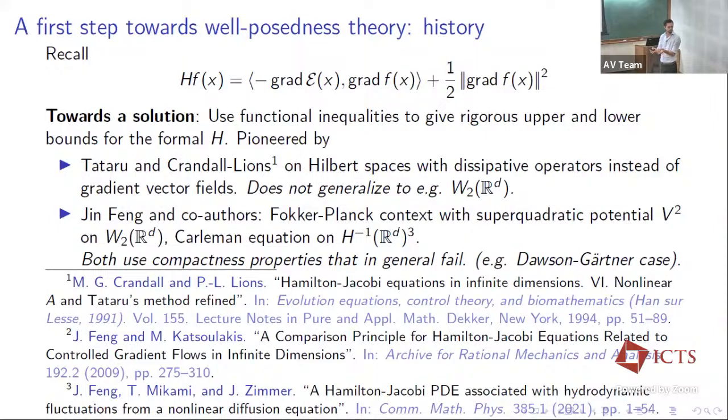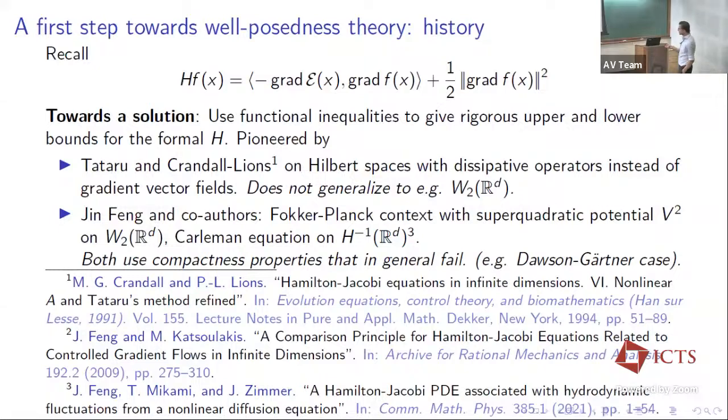If you have ever worked a bit with Wasserstein spaces, having a potential with superquadratic growth gives you a lot of compactness properties for free. And so if you just have Brownian particles, no potential, this is not an avenue that you can take. So their proof does not work for independent Brownian particles, which is a weird paradox, because that should be the easiest case, but falls outside of this framework.